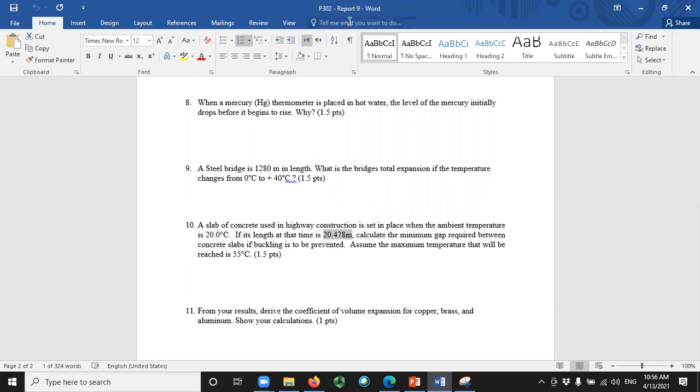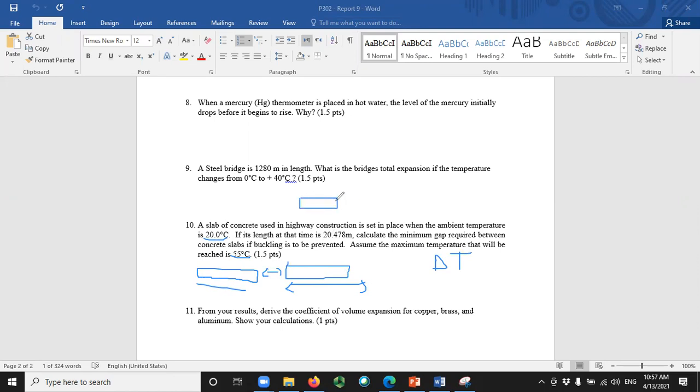So imagine that you have two parts. You know the length of each one. By using delta T, you have the maximum temperature reached, which is 55 degrees. You have the ambient temperature, so you'll be able to directly obtain delta T. So you need to find this gap to prevent buckling.